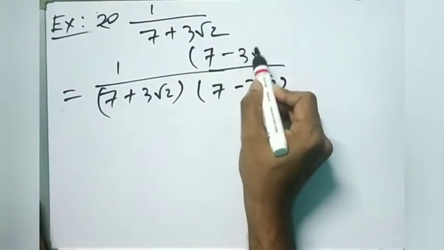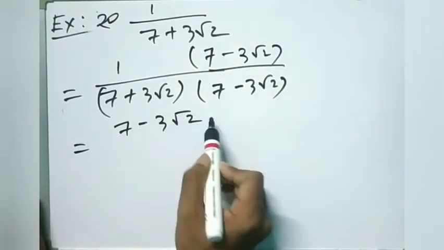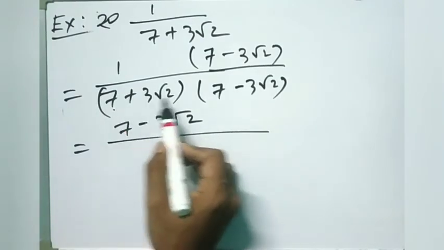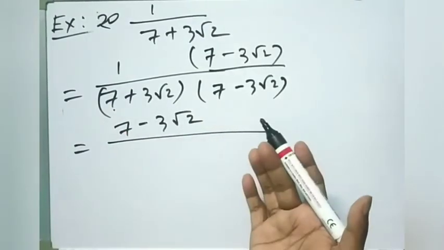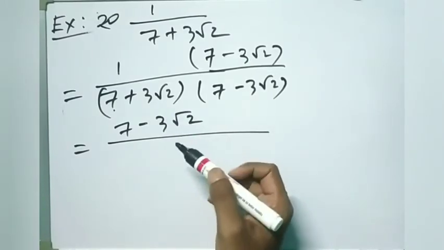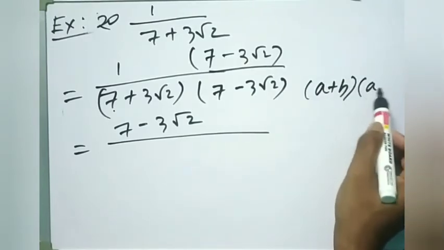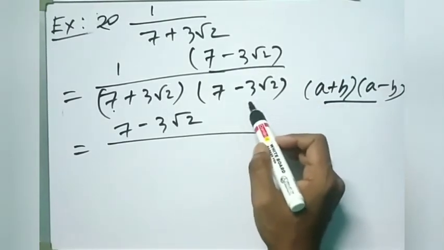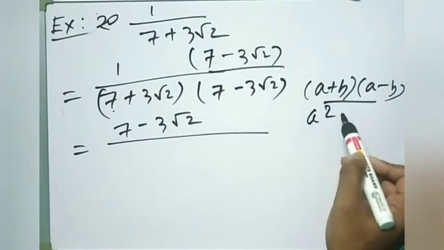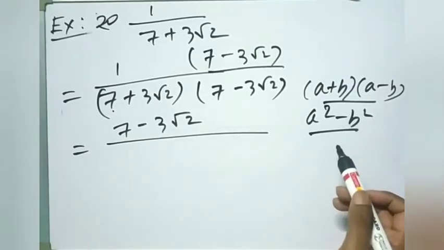Now here a plus b into a minus b. The intention is so that we can apply this formula, a plus b into a minus b. That's why every time we multiply with the same number with opposite sign, so that we will get a square minus b square, and the square root part will be removed.